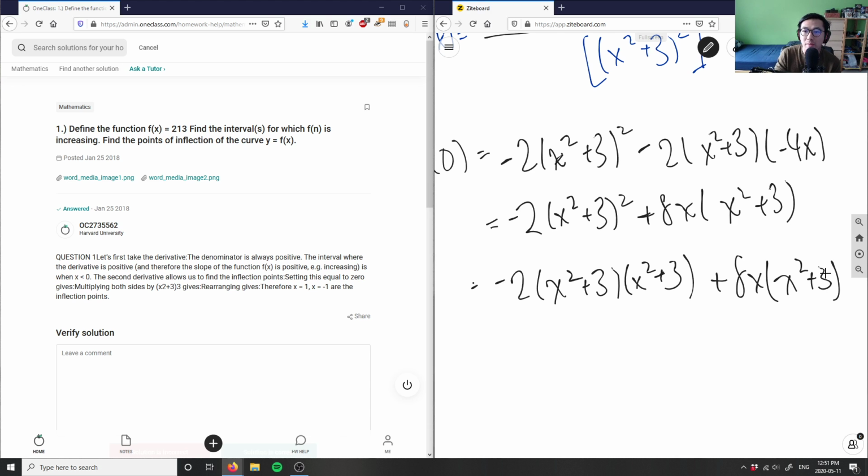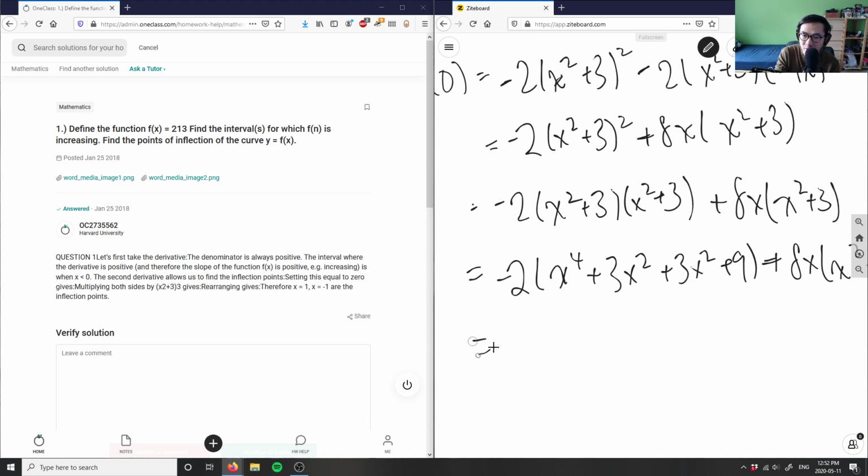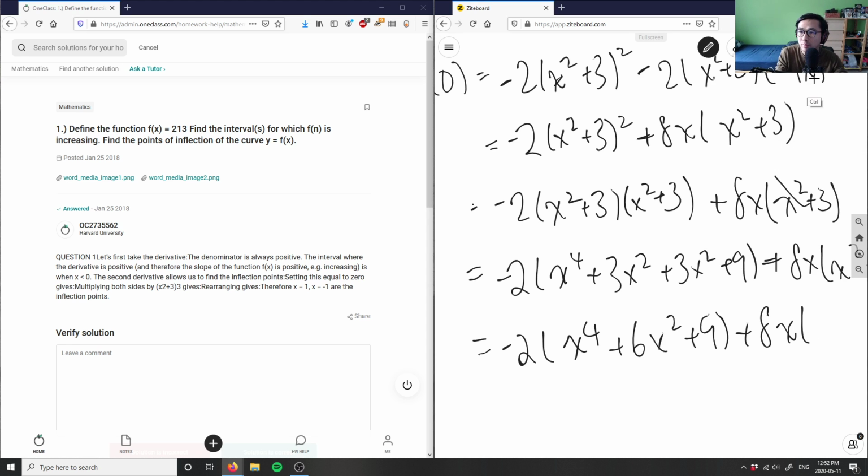Then I'm going to use FOIL, so x squared plus 3 squared is x to the 4 plus 3x squared plus 3x squared plus 9. And again, I now have -2 times x to the 4 plus 6x squared plus 9, plus 8x times x squared plus 3.